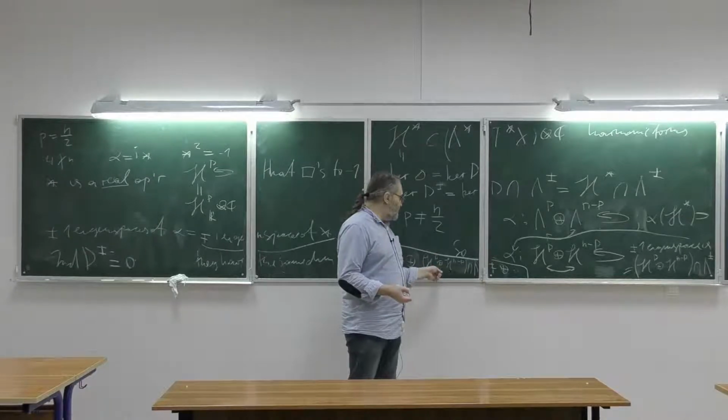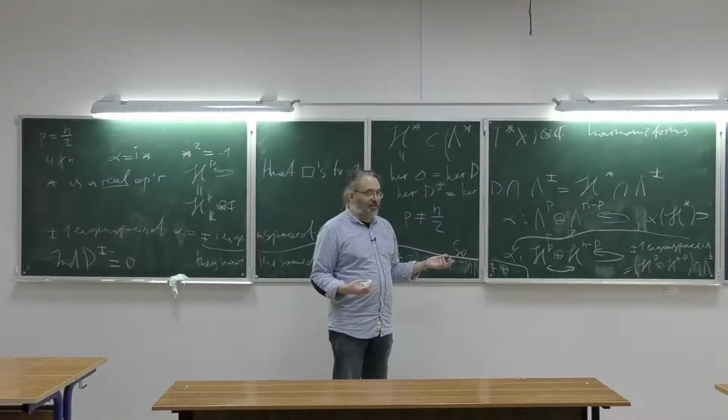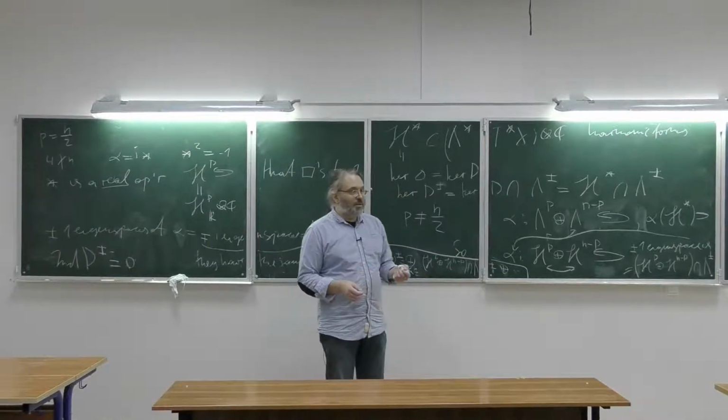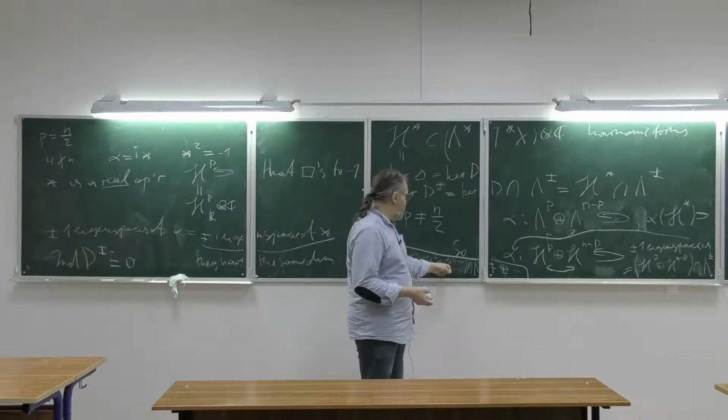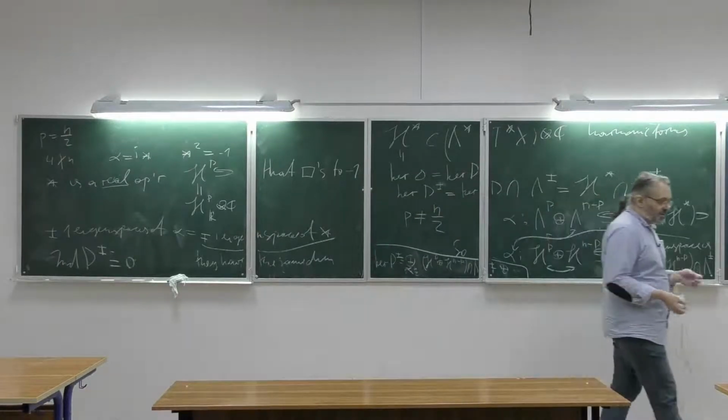This sum is preserved by alpha. It's the sum of the plus and minus 1 eigenspaces.